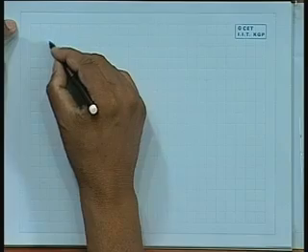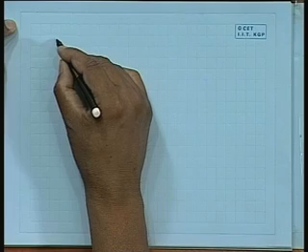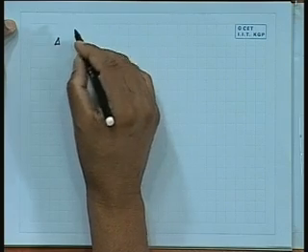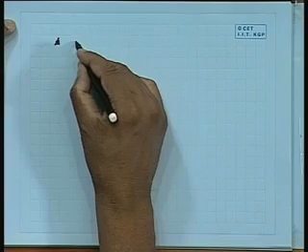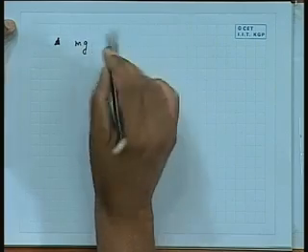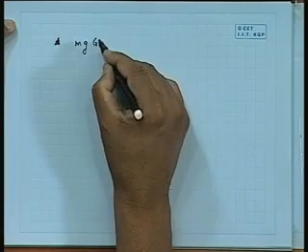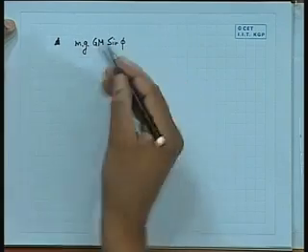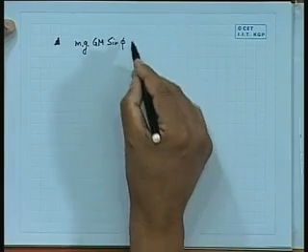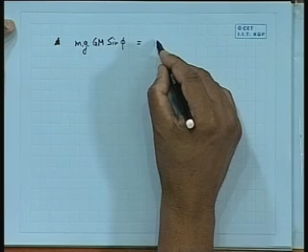Now obviously delta GM, in fact I should say weight here, mass into g, I would rather write this way, the GM sin phi, phi is the heeling angle, this we have done before, is equal to the heeling moment.